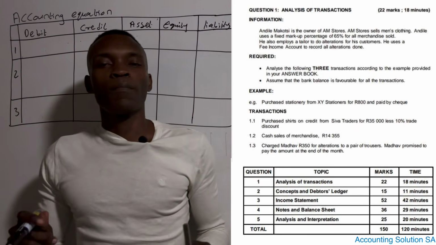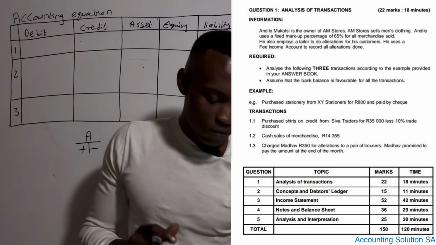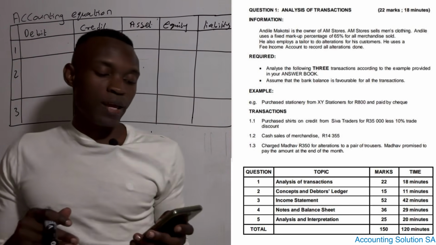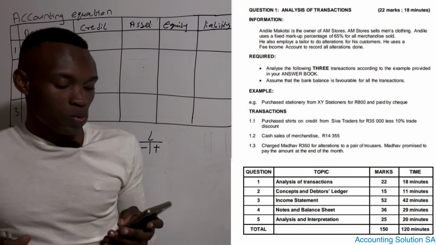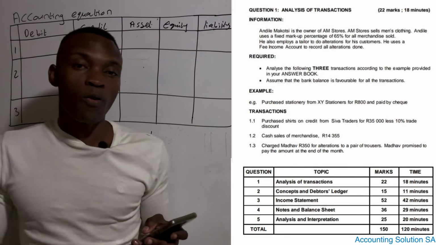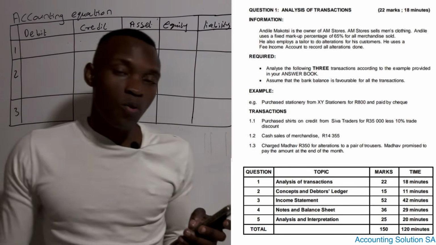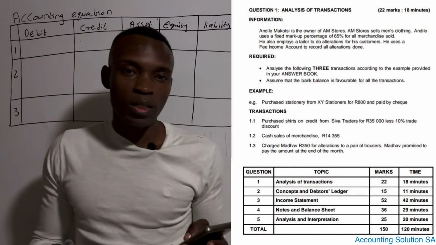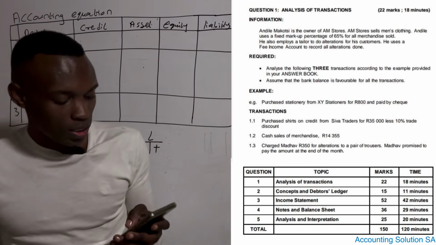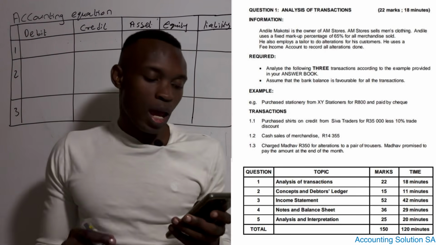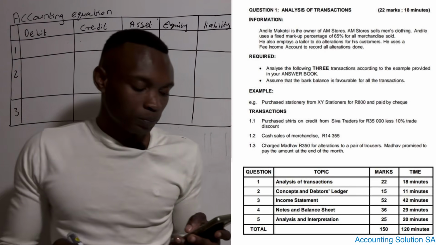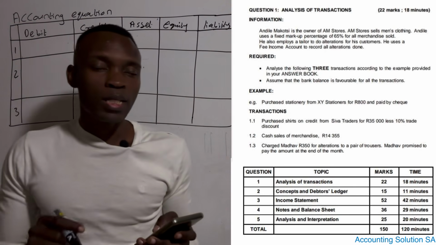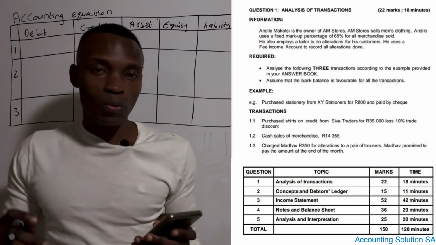Okay, and also, guys, in this video, maybe before we start with the first question, I want to emphasize the scope of paper 1. So the scope for paper 1, number 1, you must expect accounting equation or analysis of interpretation. Number 2, you must expect debtors ledger account or creditors ledger account. One of the two, they will set one.